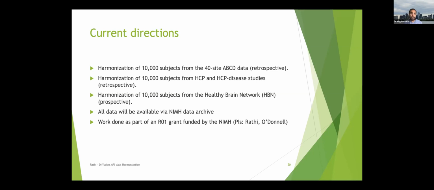And there are 10,000 data sets from the Healthy Brain Network, which supposedly, if it was not for COVID, would have had some traveling subjects also, but they're not doing it anymore because of logistical reasons. Our goal is to perform harmonization on all of these subjects and deposit them back to the NDA.